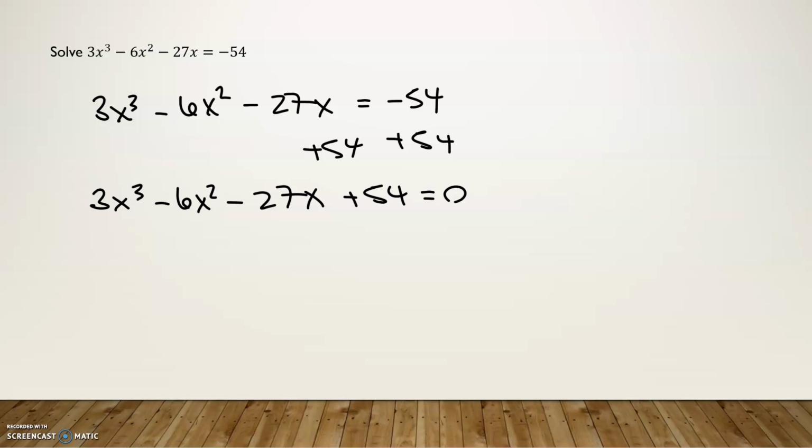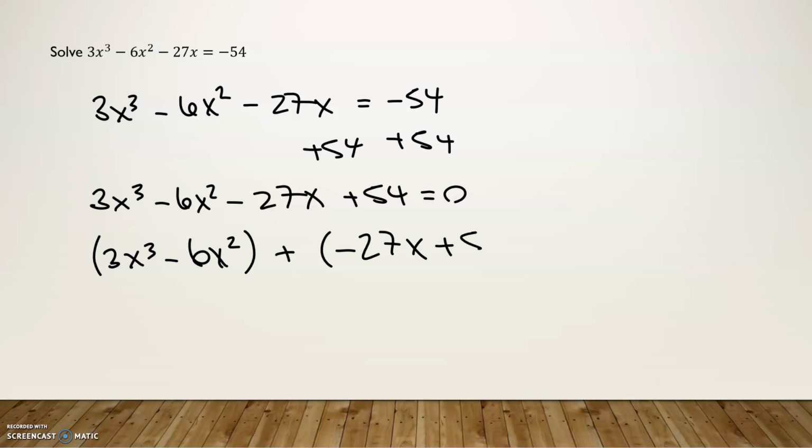And then try to group them together. So I'll group the 3x squared minus 6x squared together. And then I'll group the negative 27x plus 54 together.